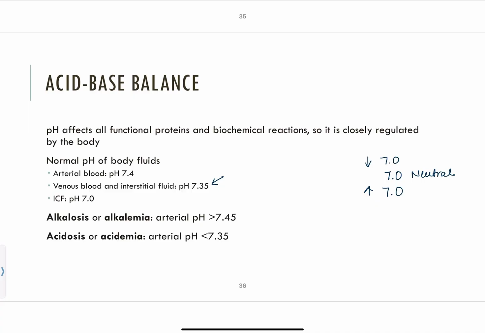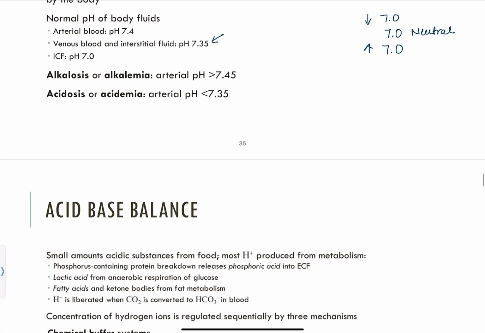So the venous blood has a slightly more acidic pH because of the higher acidic metabolites being produced as a result of metabolism. So things like carbon dioxide, which is eventually going to produce carbonic acid within the cells, plus some uric acid and other things that are produced as waste products. Those are acidic waste products being picked up at the venous end.